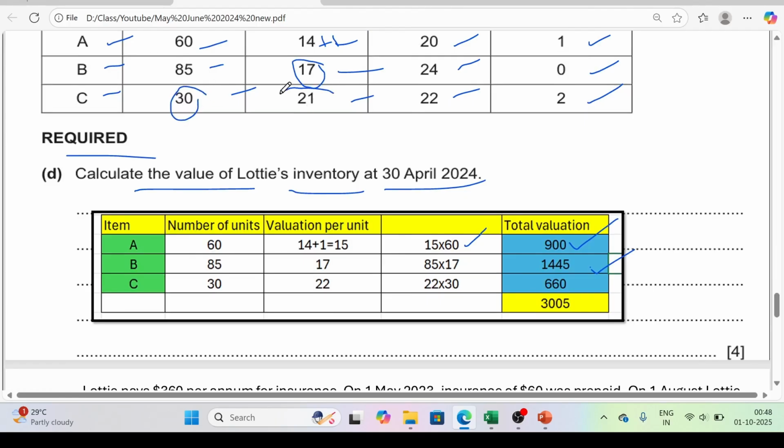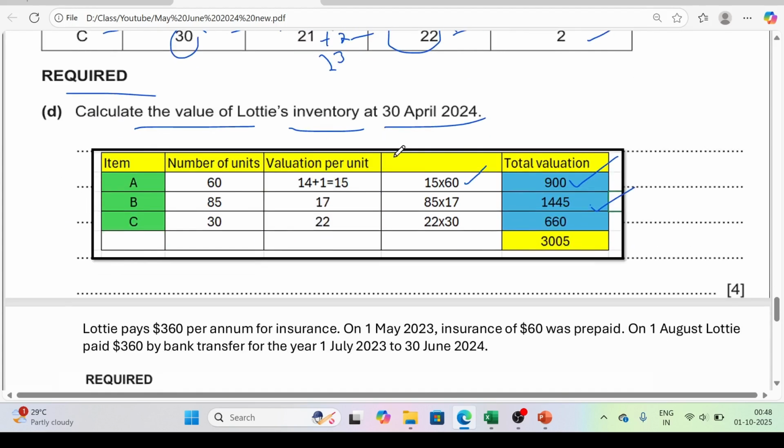Here 21 plus there is a carriage, right? So 21 plus 2, it's 23. So this is the bigger one. You have to take the lowest one, that means net realizable value. So lowest one is 22 times 30, the answer 660. The total valuation will be 3005.